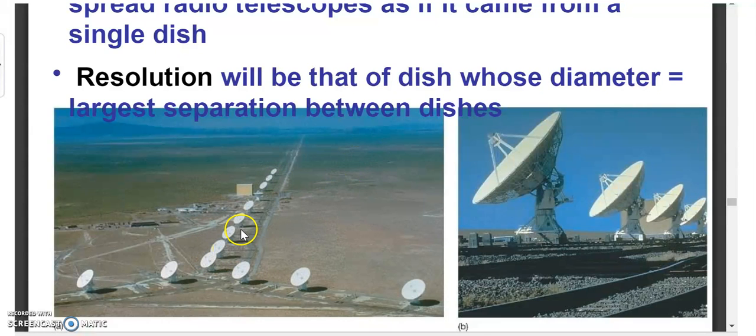This picture right here is showing what's called the Very Large Array, the VLA, and here's another picture, a closer look at these telescopes, and they're on railroad tracks, and they can be moved and separated at different distances for different types of experiments. And essentially, however far the telescopes are apart, that's effectively the diameter of the telescope.